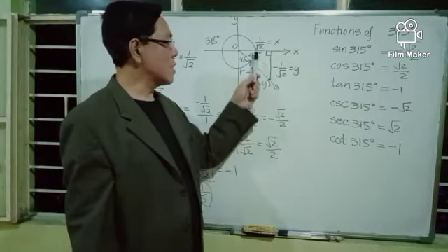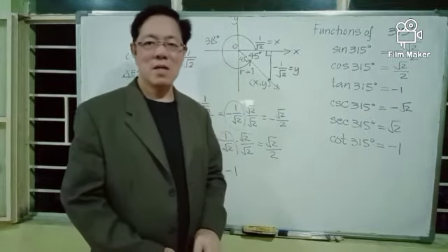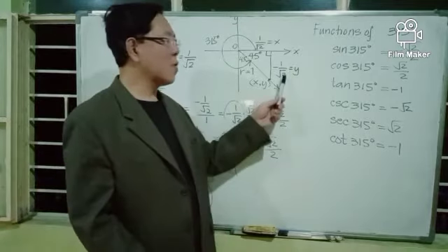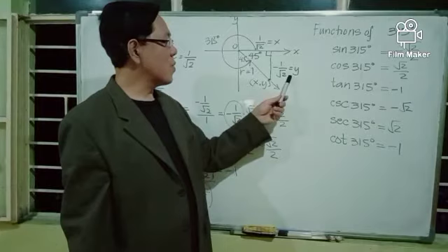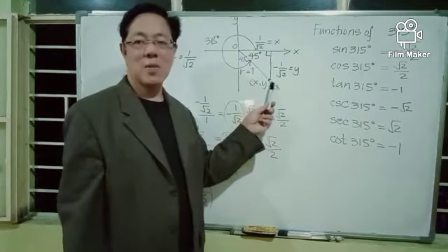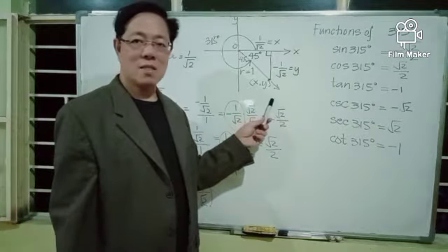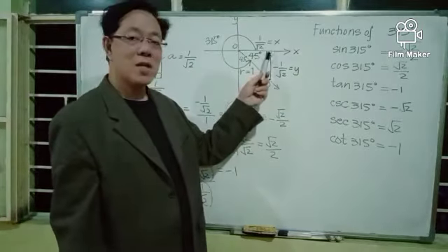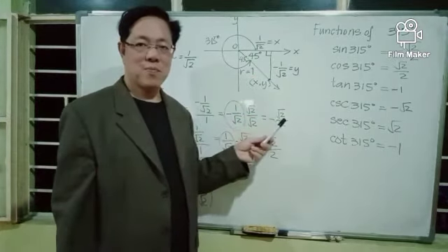And the two congruent sides of the isosceles right triangle are each equal to 1 over square root of 2. The value of y here happens to be negative because the point on the terminal side of the given angle 315 degrees is below the x-axis, and the ordinates of the points below the x-axis are negative.